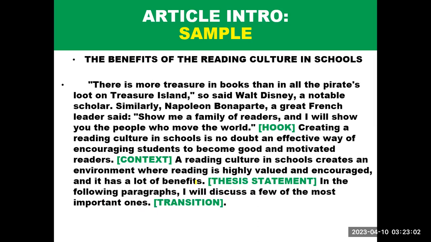Although there are numerous benefits, the writer is telling you, let's go into the body of the article, and I'm going to discuss a few of the most important benefits of reading culture. So what the transition does is that it functions like a door, or it opens the door and then ushers the reader into the next section of the article. So that is why it is called transition.